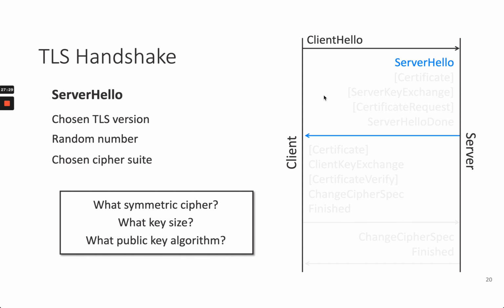Because it's up to the server. It's a good way of doing it, because it means if I turn up on the internet with my extremely old Netscape Navigator browser, servers are well within their rights to tell me to get lost and not bother to have a conversation with me at all. They're not forced to do so, which would make the encryption many times weaker. You see, so that's quite important.